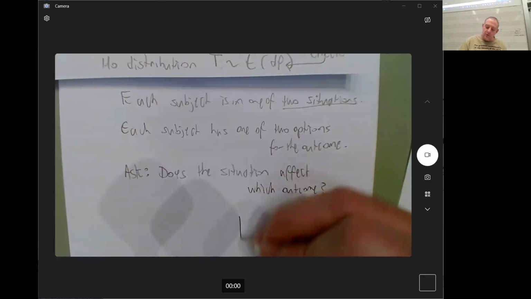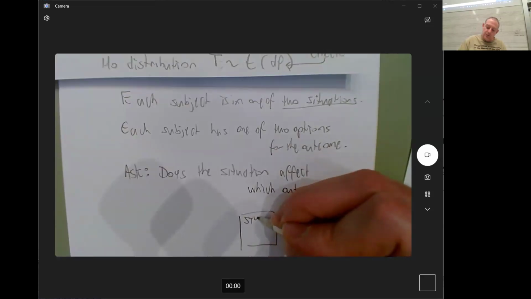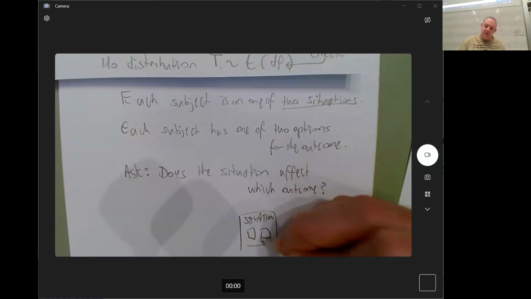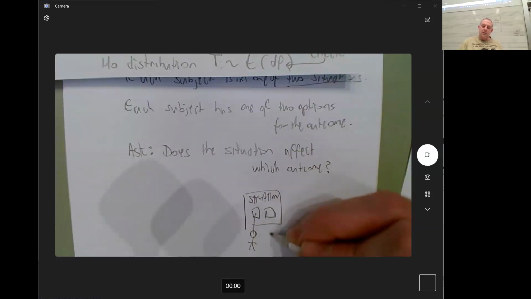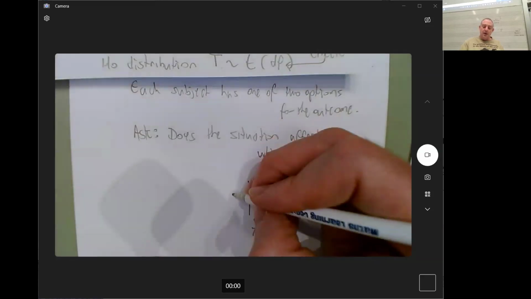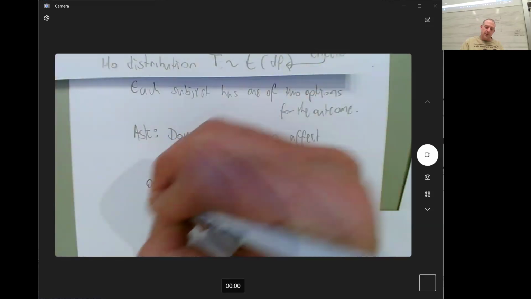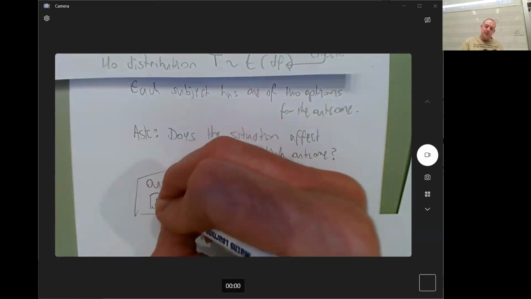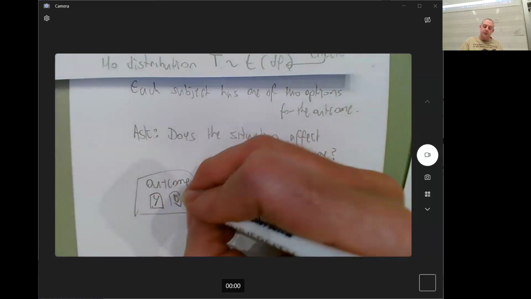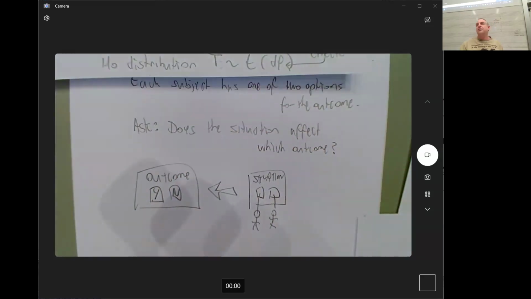And so in terms of stories, you've got your situation, which comes in two flavors, and each individual is in only one of those. And then you have an outcome, which also comes in two flavors, yes or no. And that's the story.